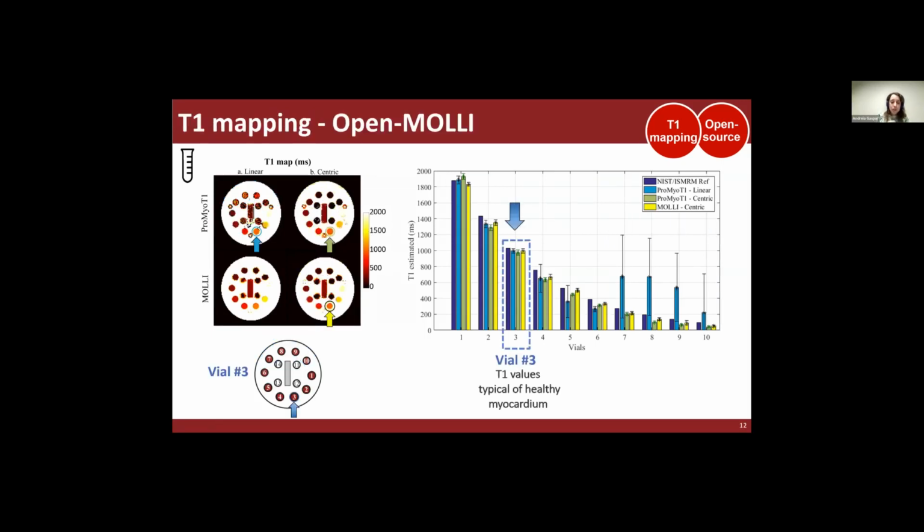However, if we look at the vial that is near the T1 value present in the heart, we can see that all the methods are very similar.